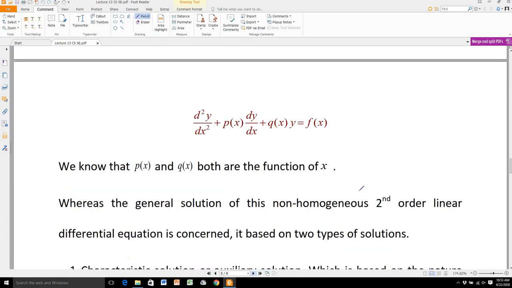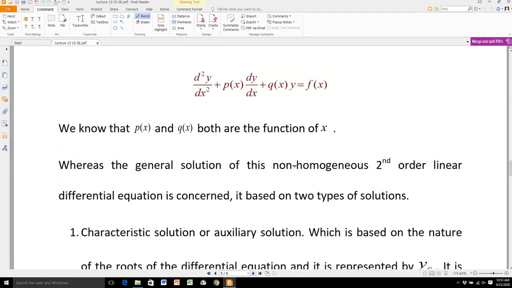As far as the general solution of this non-homogeneous second order linear differential equation is concerned, it is based on two types of solutions.